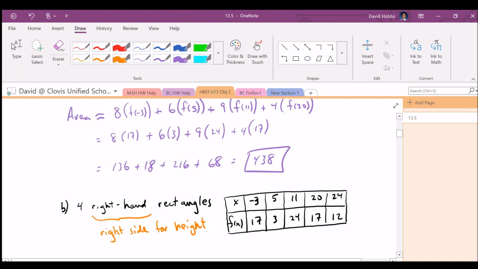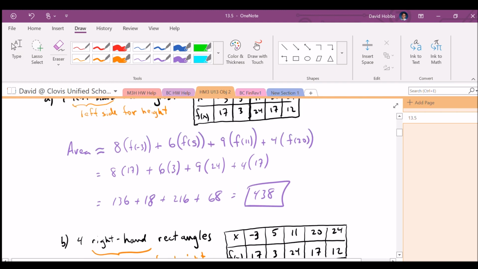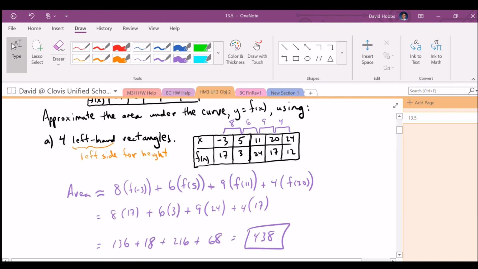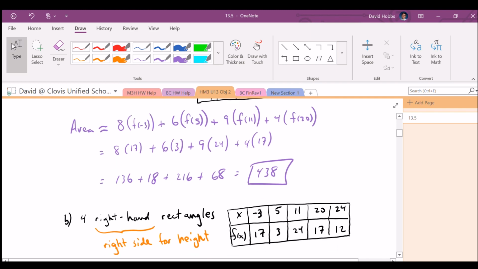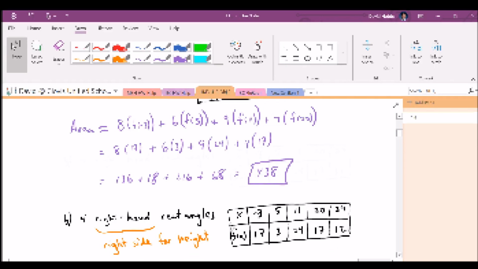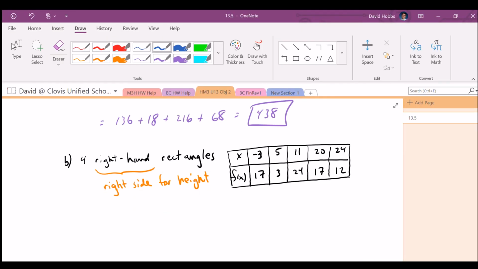That's just an approximation, and then we just followed the directions. We did 4 left-hand rectangles, and that's the area. It is square units. No units were given to us, so you don't need to worry about doing the units. Okay, moving on to number 2, or part B anyway. Very, very similar. It's the same table of values, so the bases are the same bases.